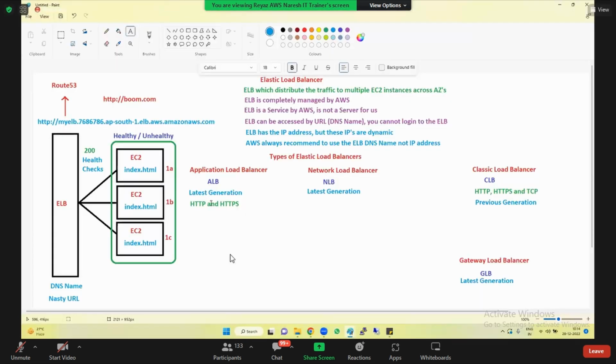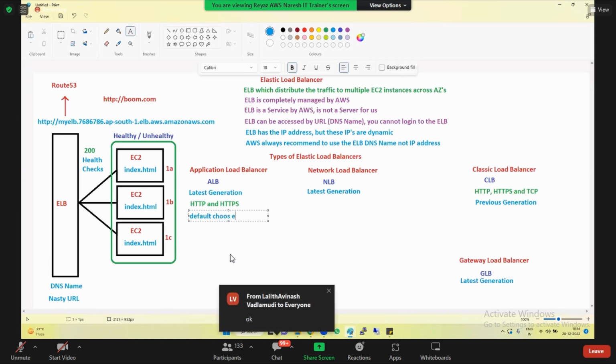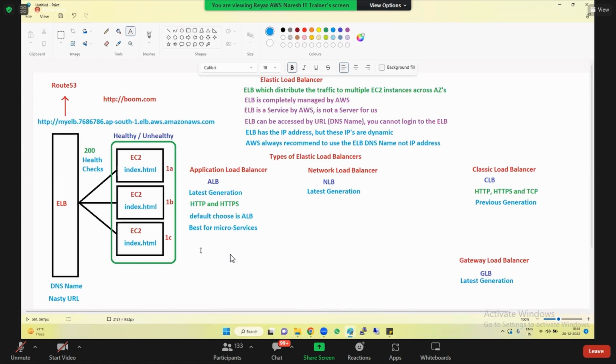So the default choice for everyone is ALB only. And this is best for microservices. Nowadays you have Docker, Kubernetes, etc. They also need a load balancing concept, right? So for all these things, your application load balancer will work.